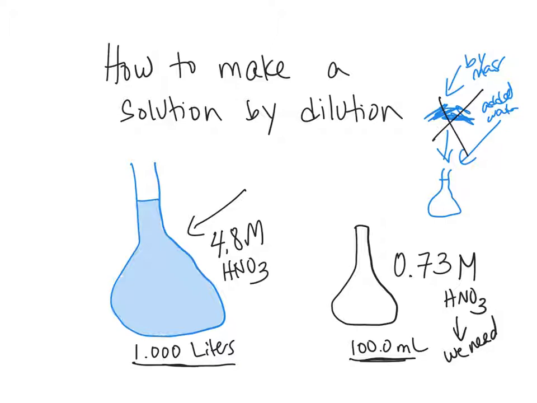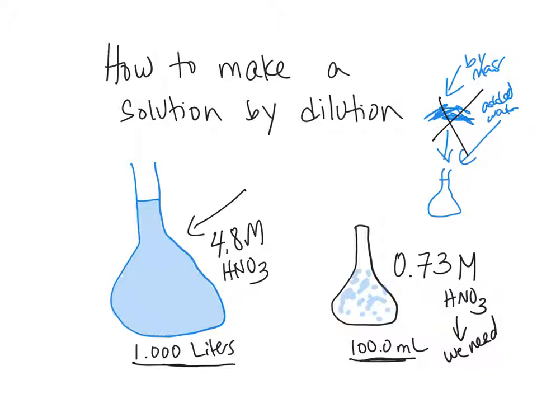So in that case, we can take this concentrated solution that's a much greater concentration, and we can use it to make a solution that is not as concentrated. So it would be weaker. It's not going to be as strong as the one over here.